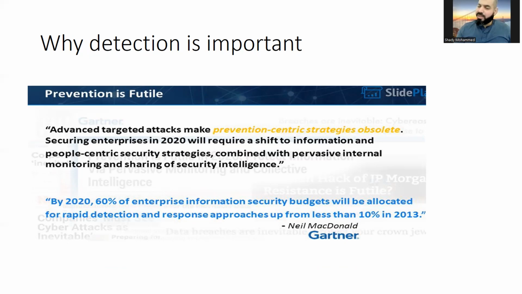So what can we do as defenders now? Can we sit and watch our system being hacked left and right? No, we need teams to really detect these attacks and respond to them. Here, guys, it says that advanced targeted attacks make prevention-centric strategy obsolete.